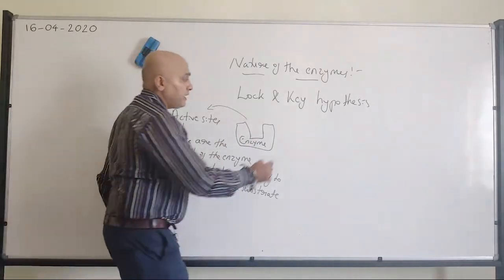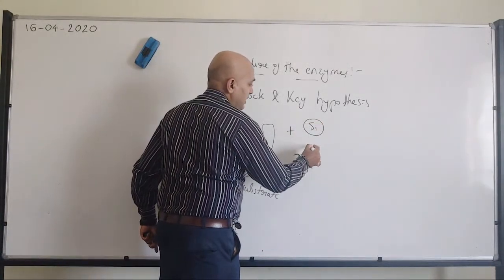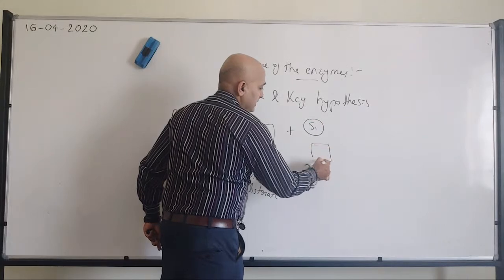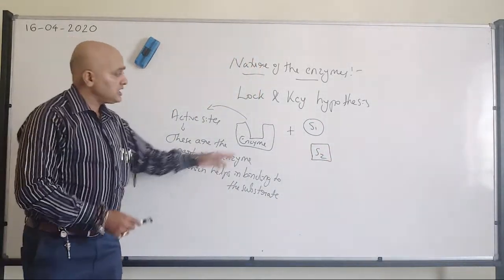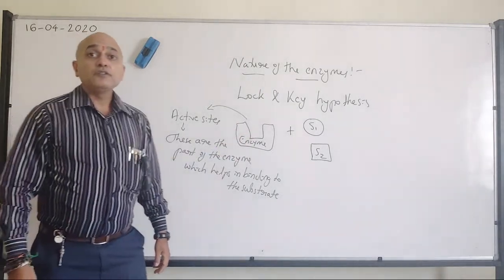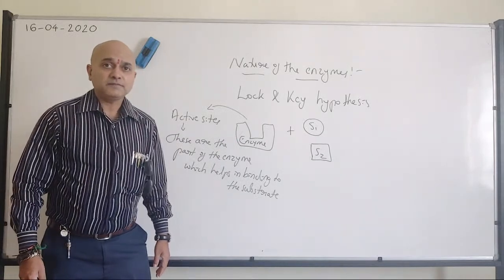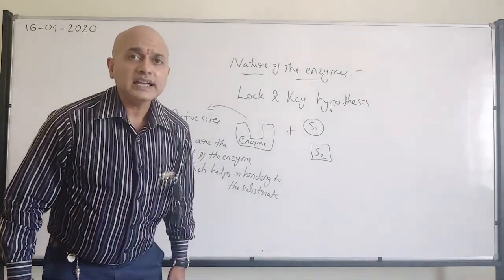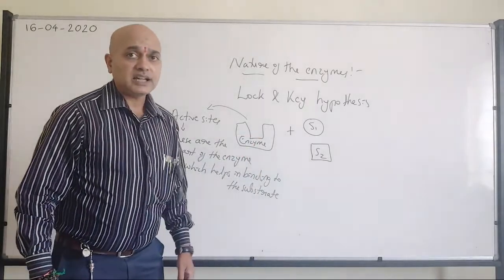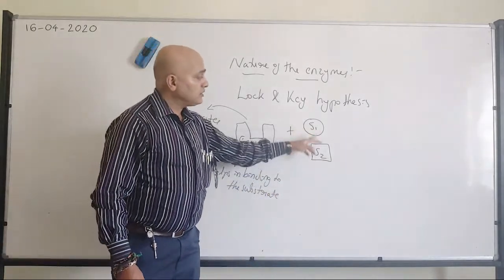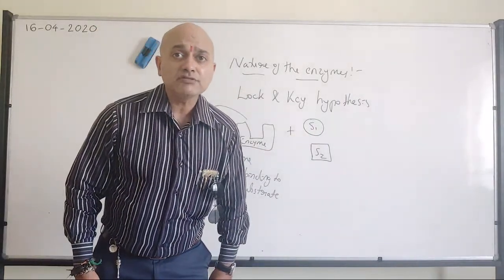Now, for example, I have two types of substrate. This is substrate 1 and another one is substrate 2. Based on the shape of the active site, you should tell me which of these two substrates is going to fit into the active site.